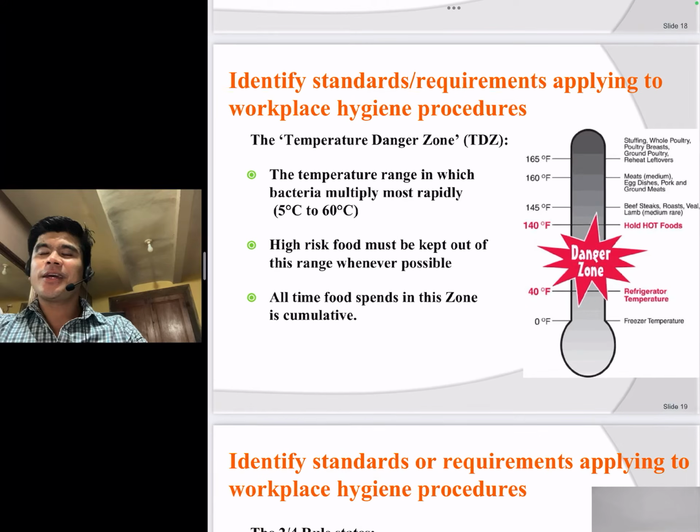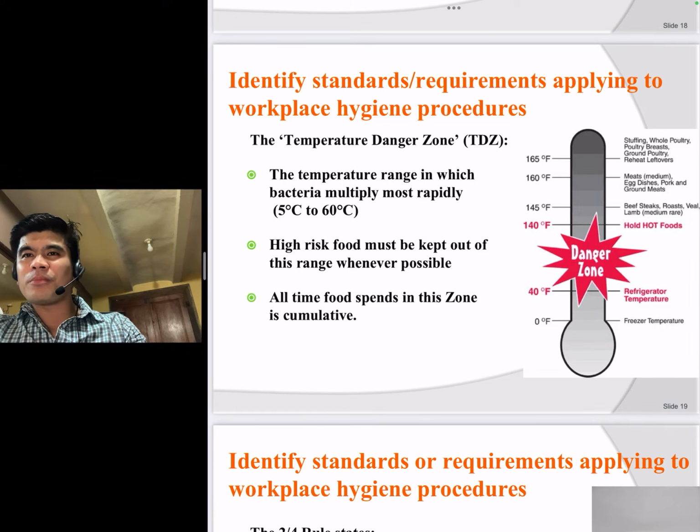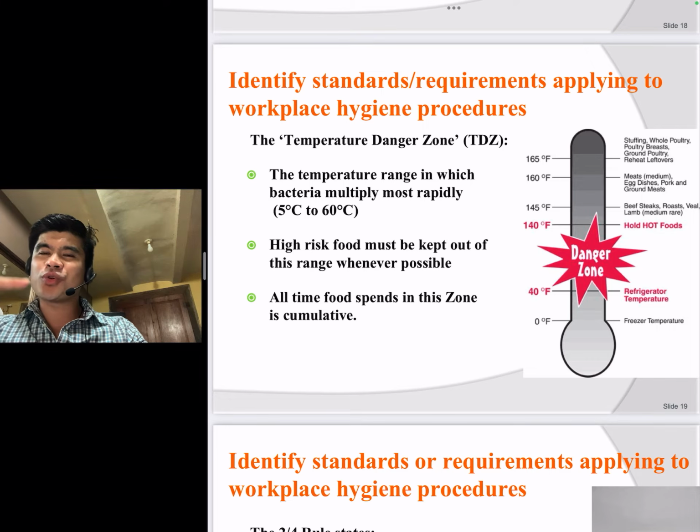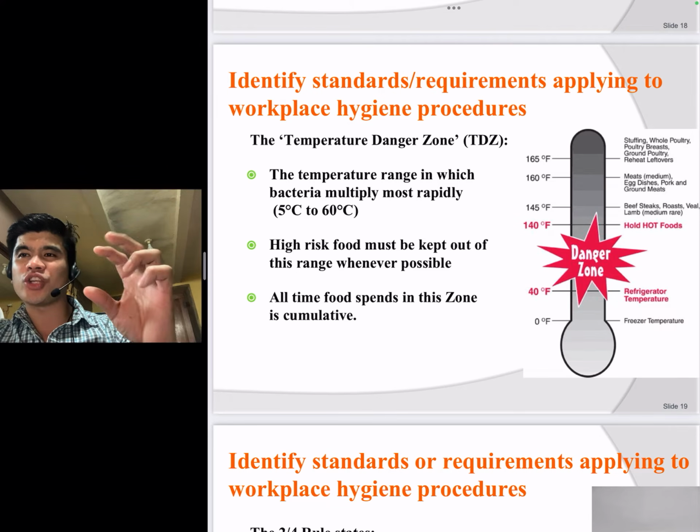Here comes the food thermometer again. TDZ stands for temperature danger zone. So you already know, whenever the temperature is between 140 down to 40 degrees Fahrenheit, that is the danger zone.